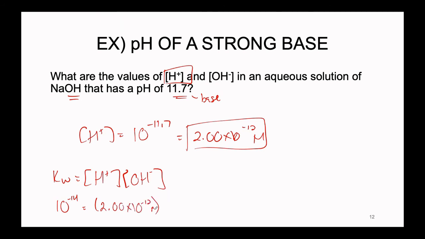We're going to multiply this by our unknown concentration of OH minus. Now, if we rearrange and solve for the concentration of OH minus, this gives us a value equal to 5.01 times 10 to the negative 3 molar.